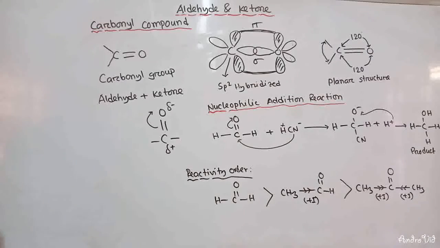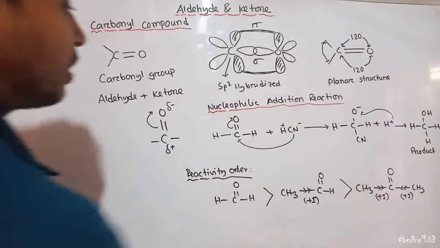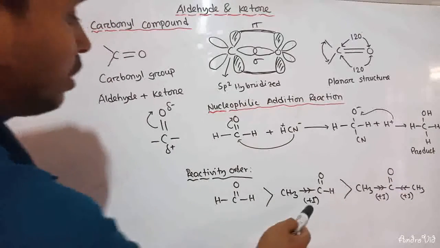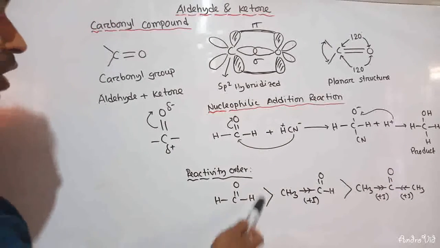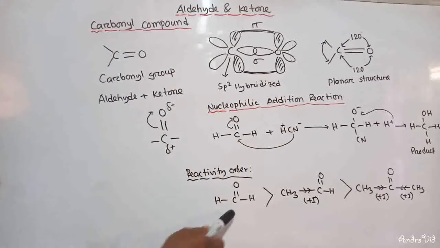If you consider these three structures, in propanone there are two methyl groups attached to this carbon, there is one methyl group attached to this carbon, and there is no methyl group attached to this carbon. As a methyl group acts as an electron donating group, positive induction effect is possible, and it is greater as two methyl groups are present.